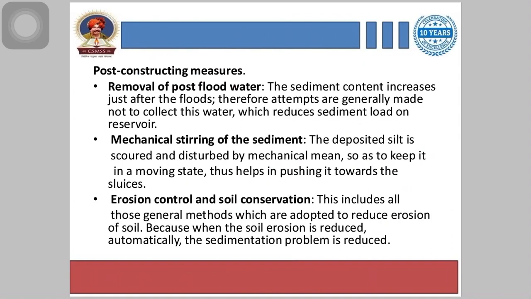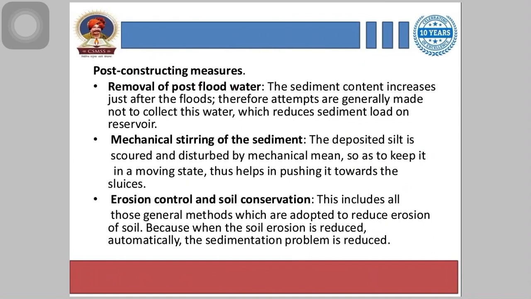Next is erosion control and soil conservation. In order to prevent the deposition of silt, soil conservation methods are adopted on the upstream side of the reservoir. What are these methods?